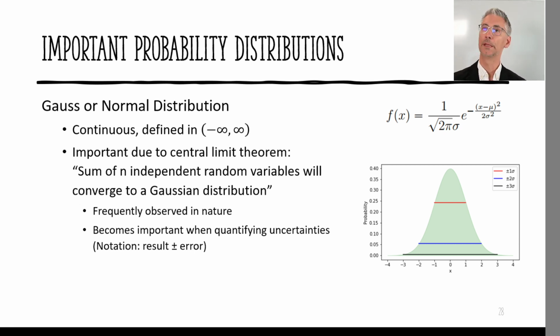So if you have many contributing factors, you observe a Gaussian distribution, and this is what you frequently find in nature and in your experiments. It becomes important for quantifying your uncertainties, because almost always you make the assumption that your uncertainties are due to so many factors that you can assume they're Gaussian distributed. Of course, that's not always the case, but in most experiments and also simulations we make this assumption.